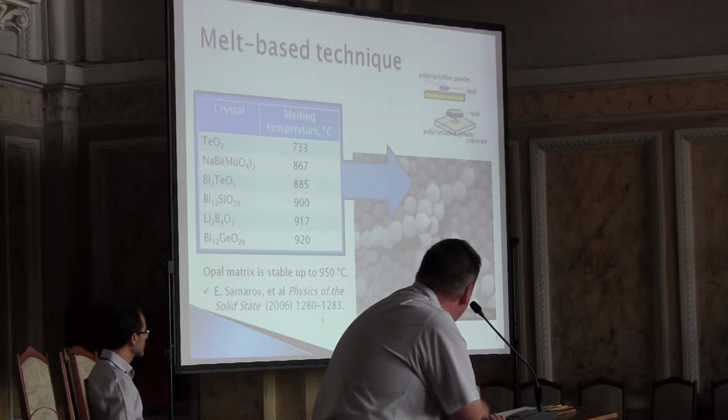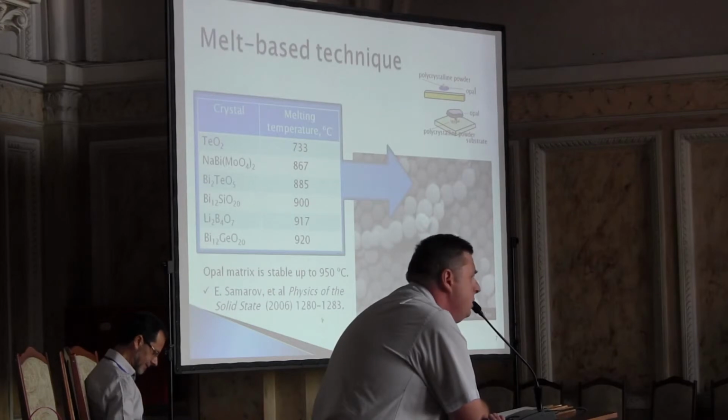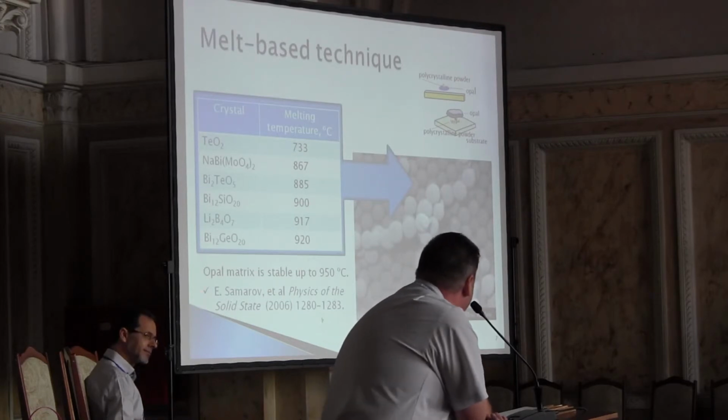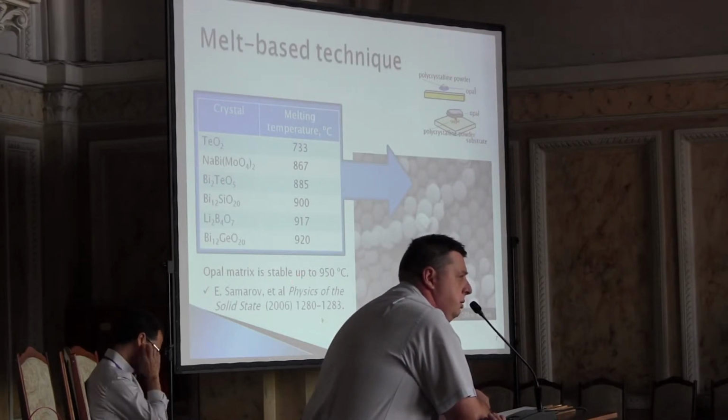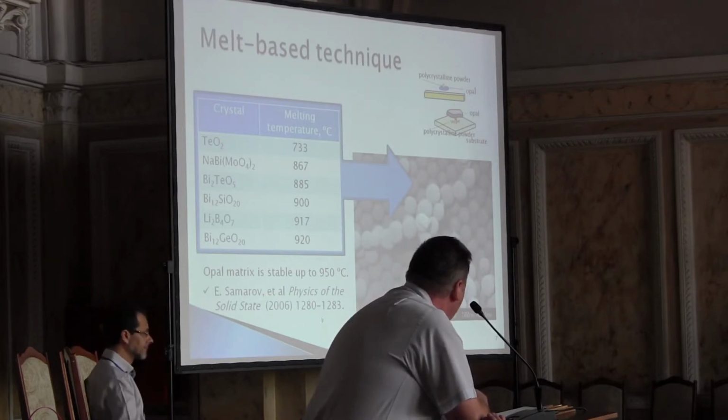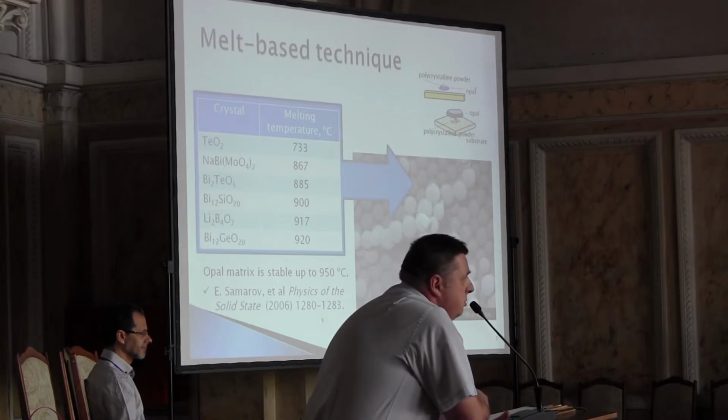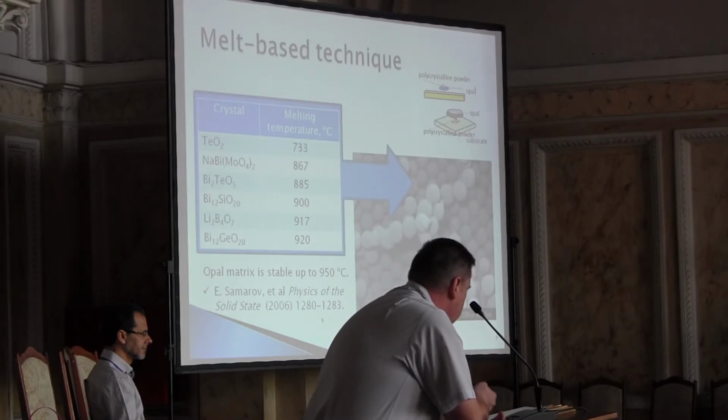You can see from this table all substances we embedded using this technique and their melting temperatures. According to literature data, the opal matrix is stable up to 950 degrees centigrade. It's a very important remark, and it gave us the hope that there is no chemical interaction between the opal matrix and the melt of the substance.